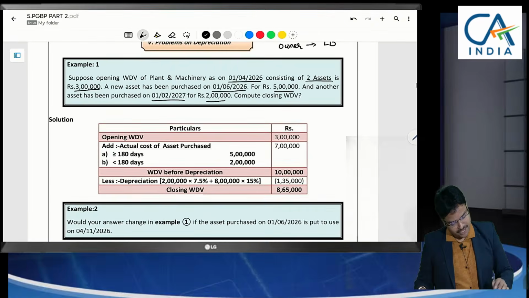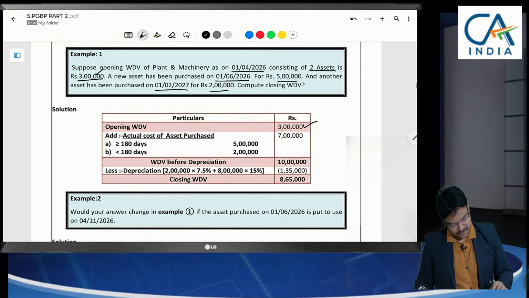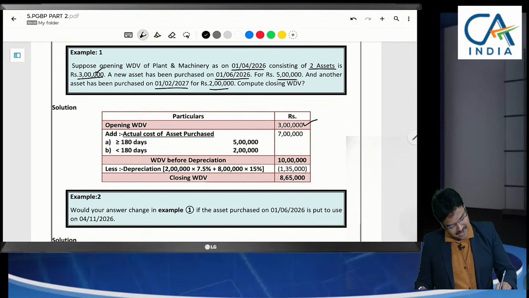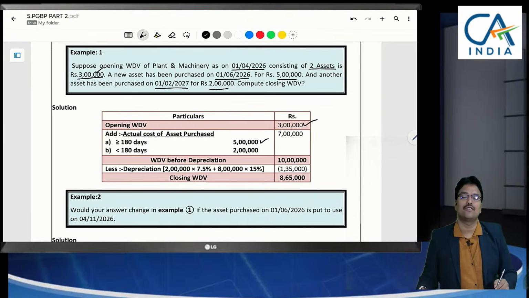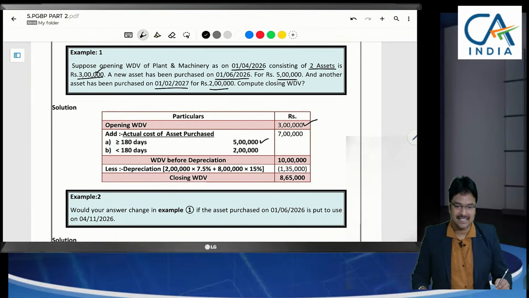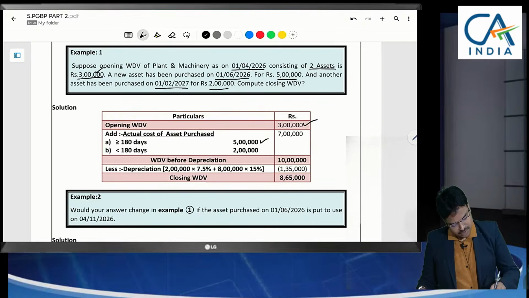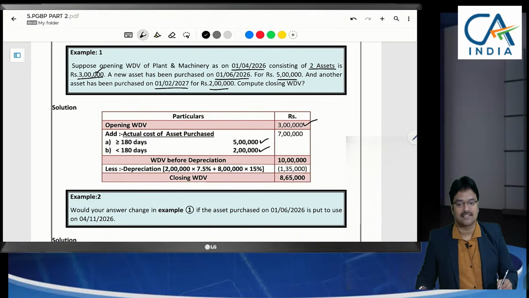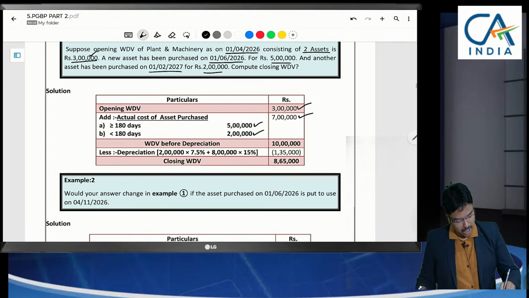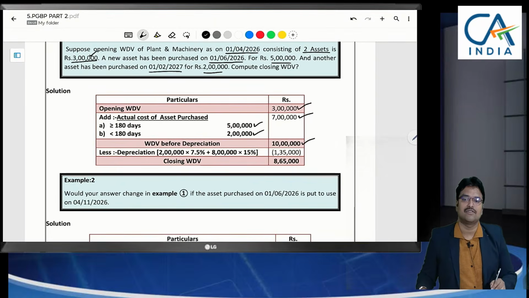So here if you see, opening WDV is 3 lakhs, a very simple basic example. This 5 lakhs was purchased before the cut off date of October 4th, so 5 lakhs is eligible. And then this 2 lakhs is less than 180 days. So total how much has been added here? 7 lakhs. The total comes to 10 lakhs, which was WDV before depreciation.